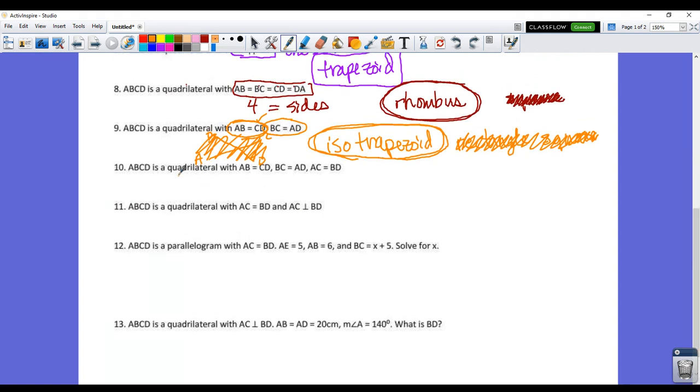Okay, let's see about number 10. A quadrilateral with AB and CD, BC and AD. So that's all four sides, right? The opposite ones are congruent. And we have diagonals. So this says opposite sides, and this one is diagonals.